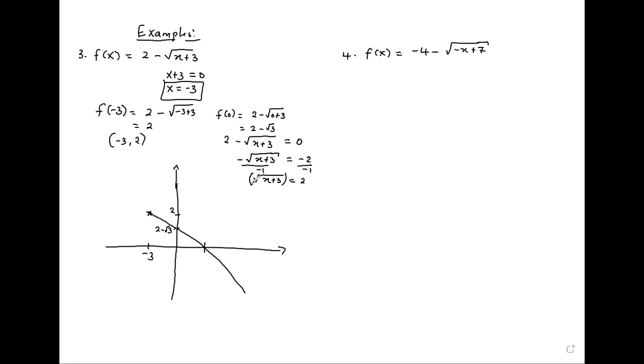So we can now square both sides. So we get x plus 3 is equal to 4. So x is equal to 4 minus 3, which is equal to 1. So this is 1, and the graph ends there.